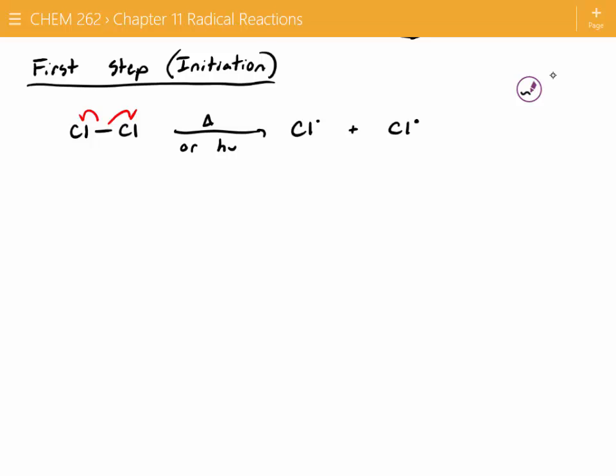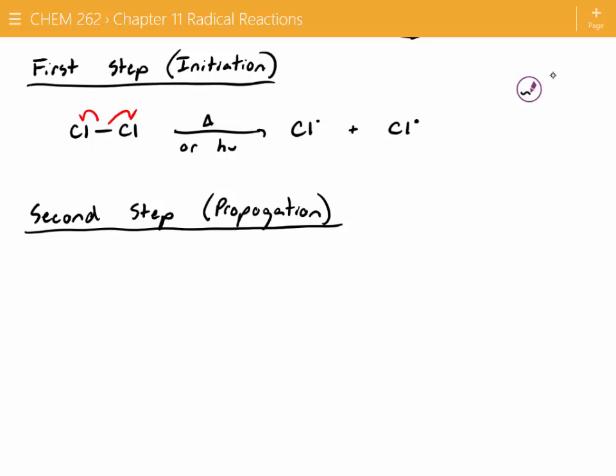Now the second step is called propagation, which means we're going to turn one radical into another. So with propagation, you can imagine, let's say we've got our typical alkane, and I'm going to label this terminal group CH3 and this one hydrogen so we can tell them apart.